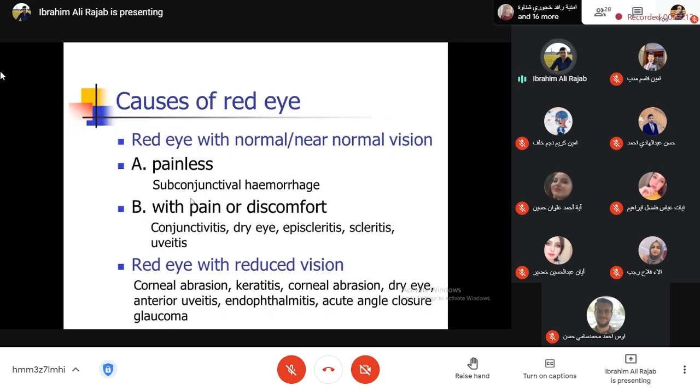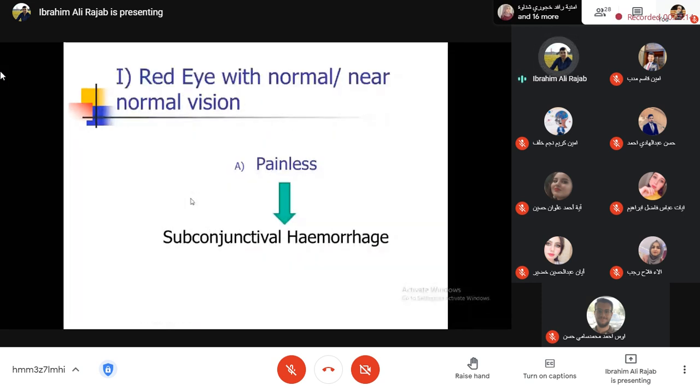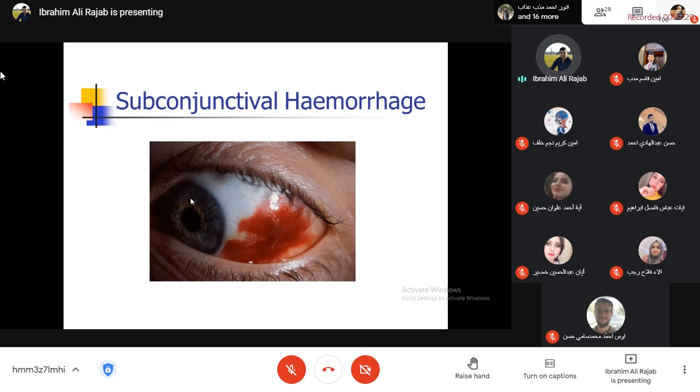So red eye, normal visual acuity, painless, mostly it is subconjunctival hemorrhage. So subconjunctival hemorrhage will present with a red eye, the visual acuity is not affected, and there is no pain. So this is a spot diagnosis for a patient with subconjunctival hemorrhage.